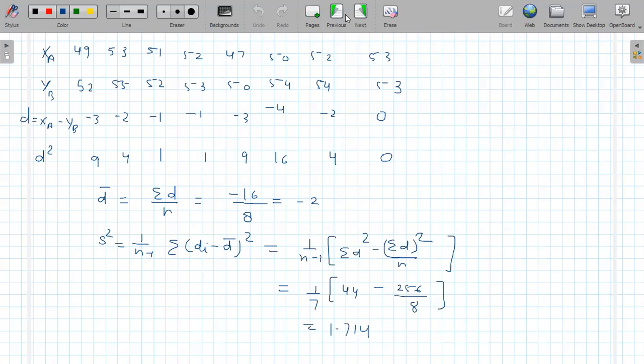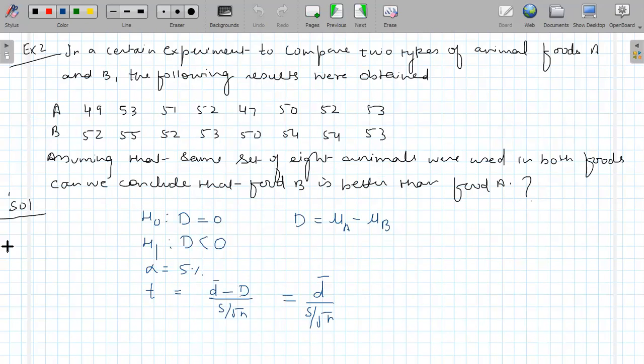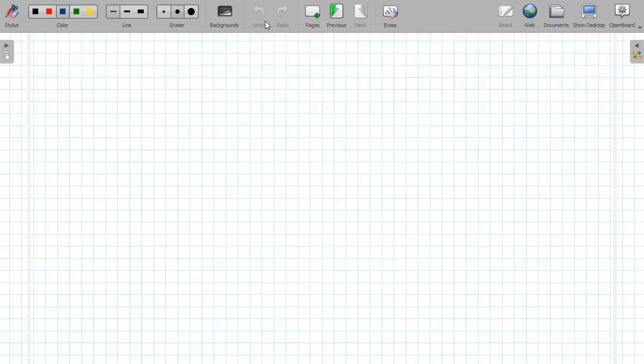So we have completed the first, second, third steps. Now we calculate the value of t. So t is D bar upon S upon root n. We calculate mod t because D bar is negative.